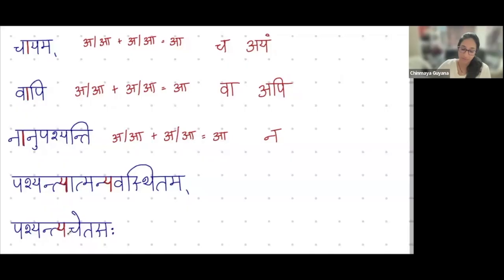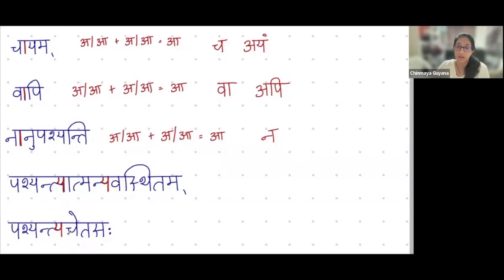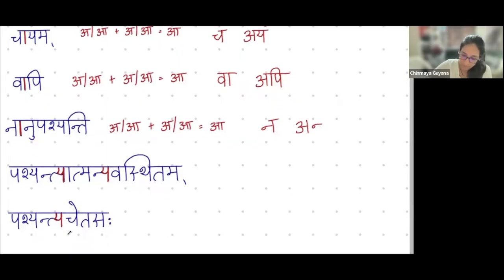And then the next one is either anupaśyanti or ānupaśyanti. It's anupaśyanti, short a. You may not know what anupaśyanti means, but you know what paśyanti means. You may not remember what paśya means, but you should know what anti means. What does it mean? Third person plural.